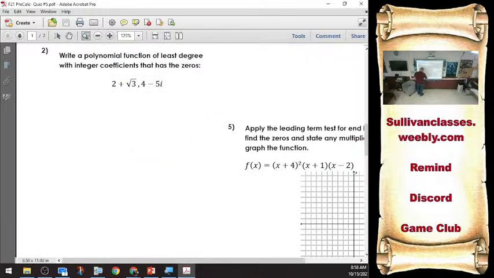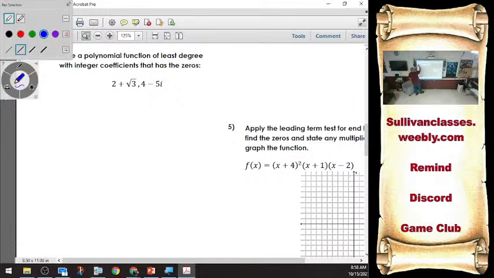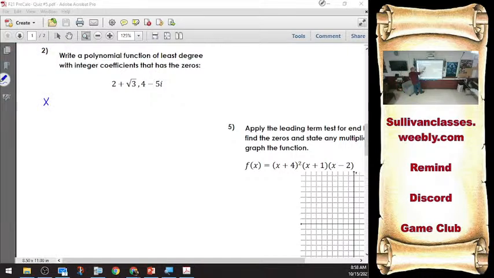Okay. Write a polynomial function of least degree with integer coefficients that has zeros. If I have this as a 0, I know this is the linear factor that made it.